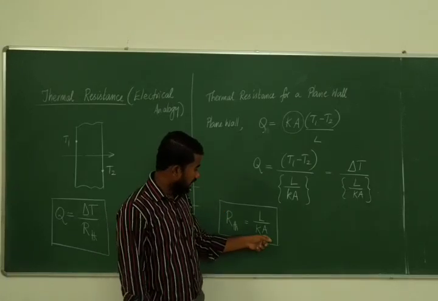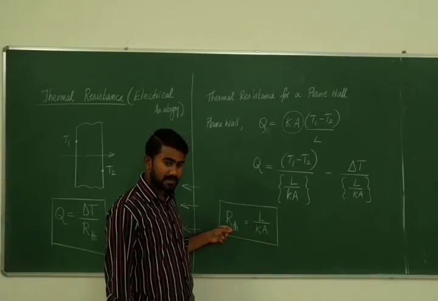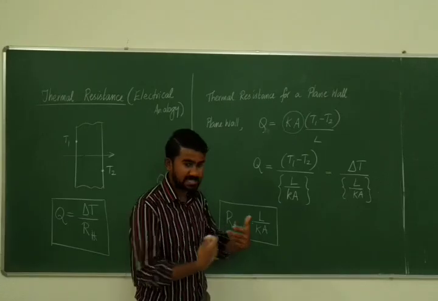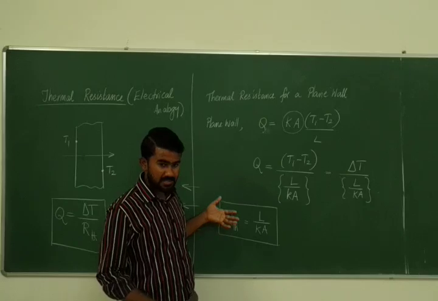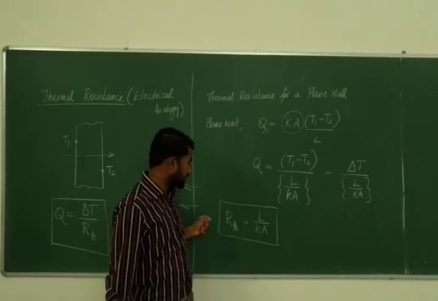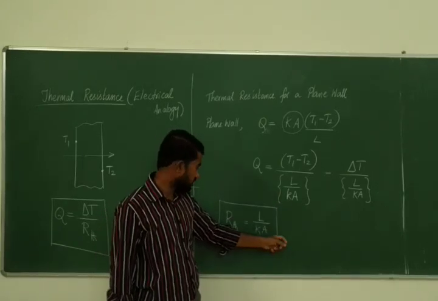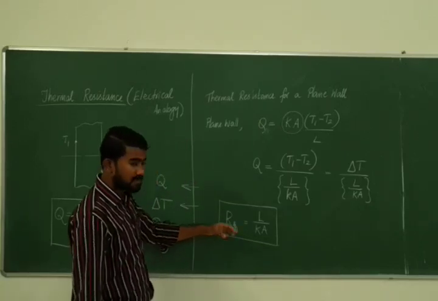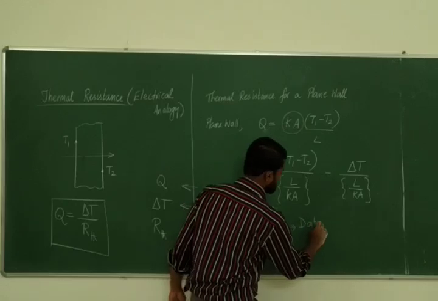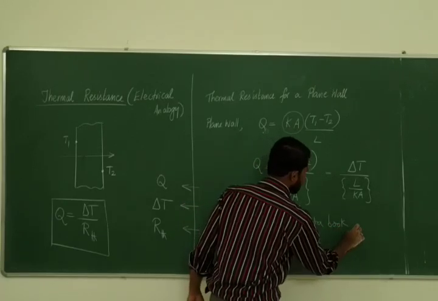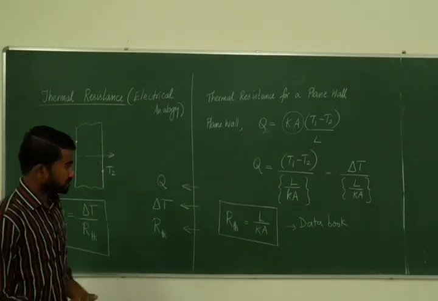And the higher the area, the lower the resistance; with a high area it can easily conduct, and with a small area the resistance will be large. So these are the parameters that affect the thermal resistance for a plane wall. This expression you can find in the data book. Is that clear?